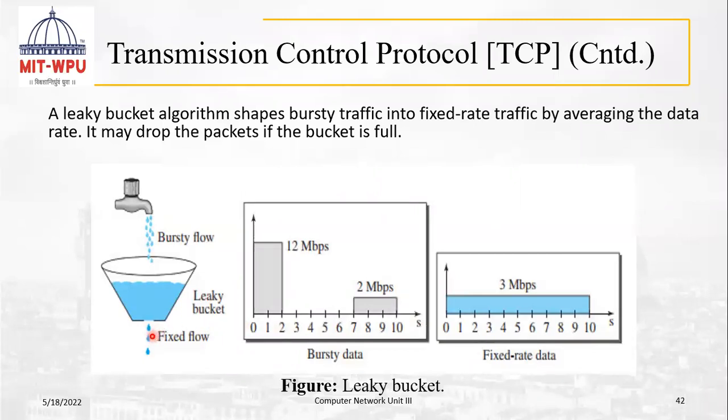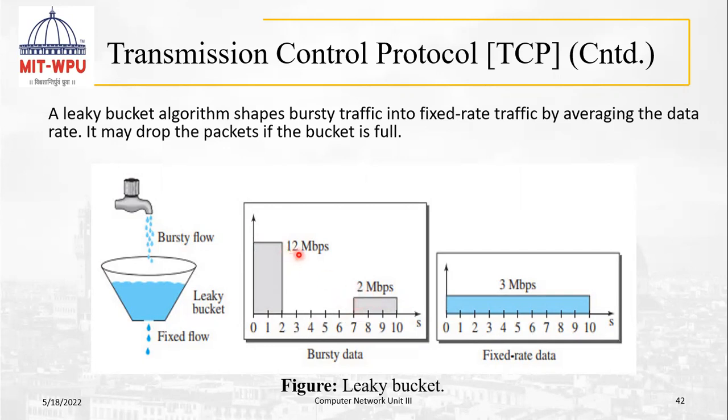We have seen the leaky bucket algorithm where there is a small hole leak in the bucket, and the size of the hole has to be decided using what kind of bandwidth you are using, what kind of link you have, and all these things. Let us say the input is a 12 Mbps line, and the receiver is a 2 Mbps line.